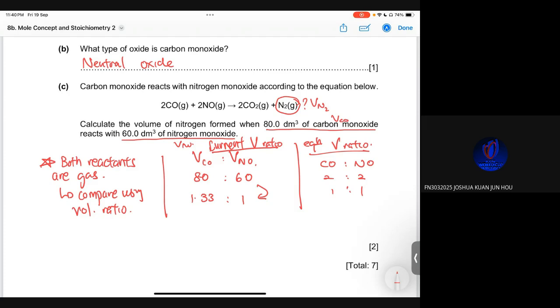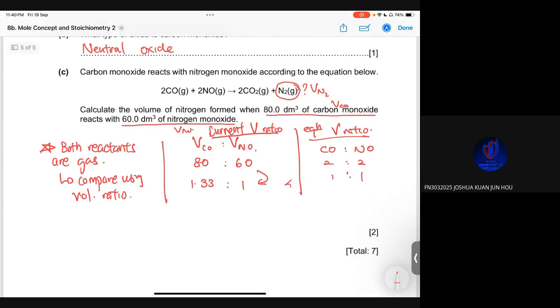Now let's compare these two. CO is 1.33 in terms of current volume ratio. The equation only needs 1. So 1 NO is supposed to react with 1 CO. But in my current situation, for 1 NO, I have 1.33 CO present, right?